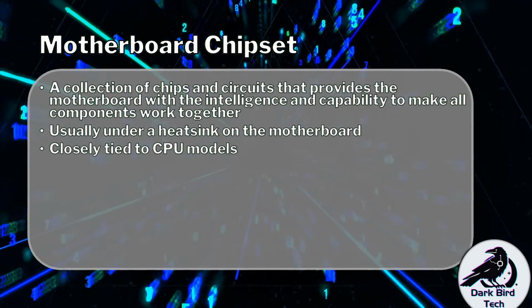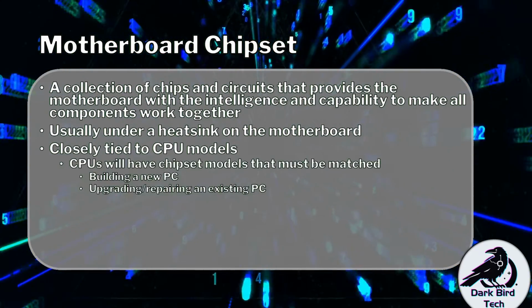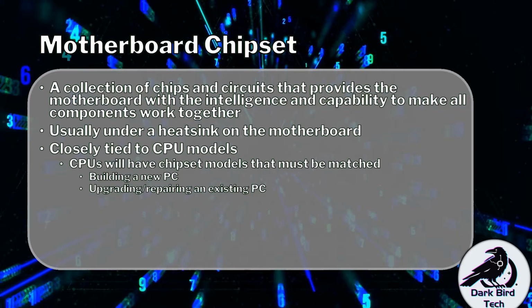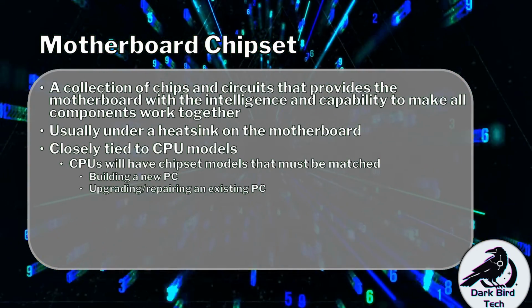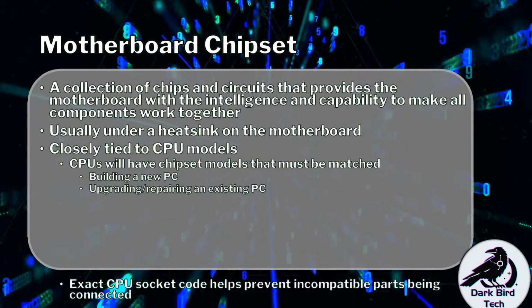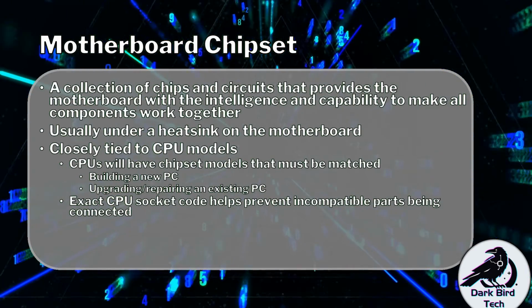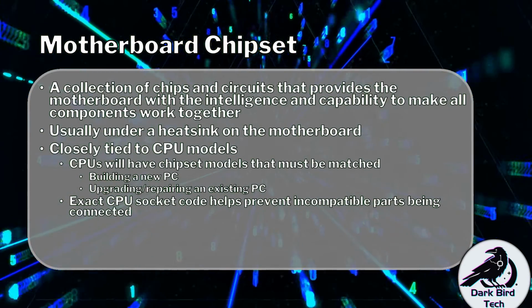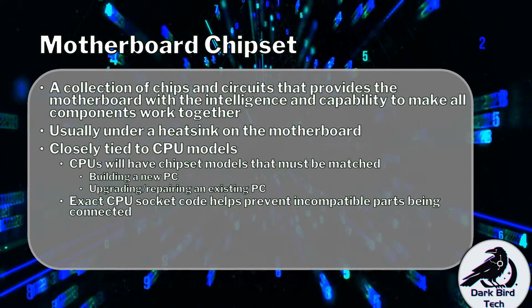So like I said, it is closely tied to the CPU model. And the CPUs will have chipset models that must be matched. You've got to bear this in mind when building a new PC or upgrading or repairing an existing PC. Now, thankfully, vendors like Intel generally like to use the exact CPU socket to help prevent incompatibility problems by making sure that you can't plug in a CPU that won't work with its chipset.